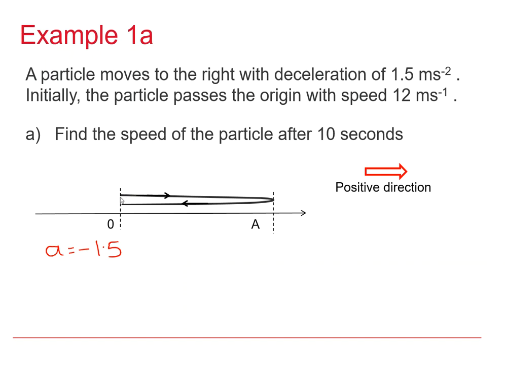So its velocity is positive 12 meters per second at that point. Its initial velocity, which remember is u, so u is 12. And then we're asked to find the speed of the particle after 10 seconds. At the initial point we have t equals 0. 10 seconds later then t will be equal to 10.